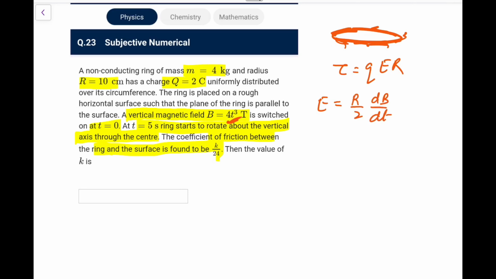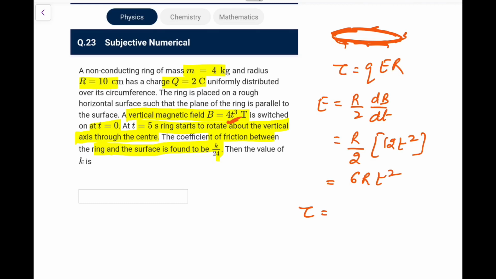So this induced field would be R by 2 dB by dt, which comes out as 8t square. If I'm right, no, the difference is 12t square, so we have 6Rt square. This is the electric field.